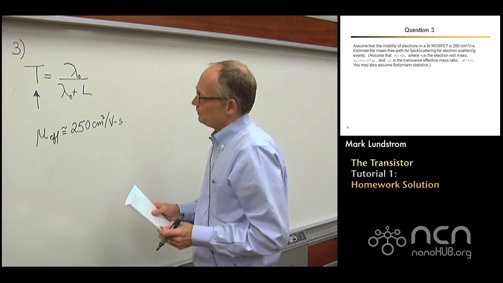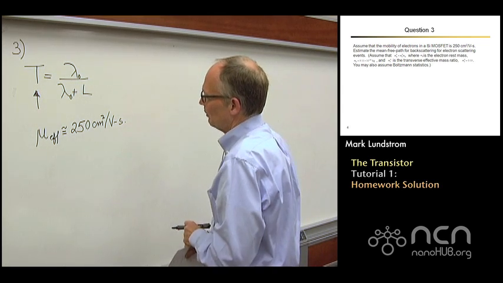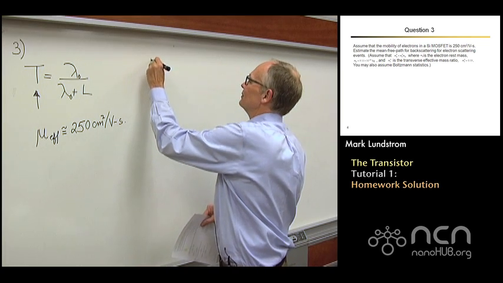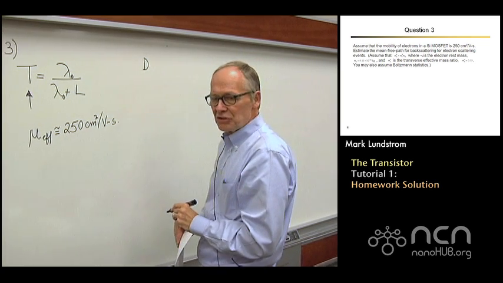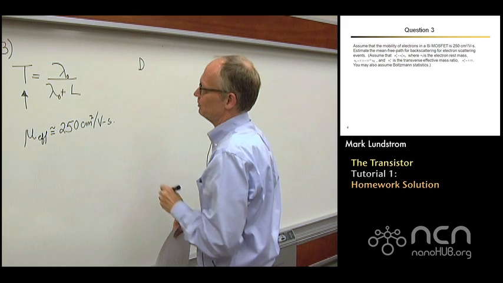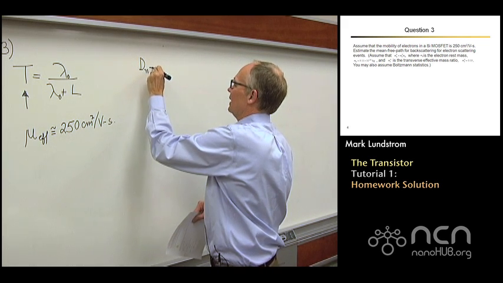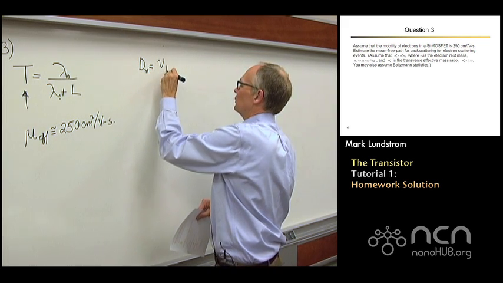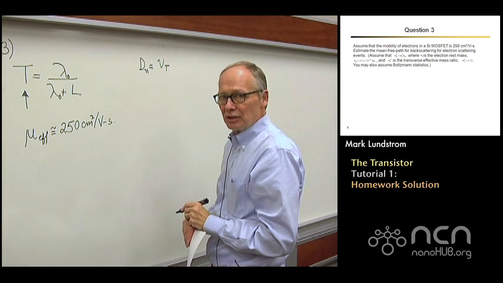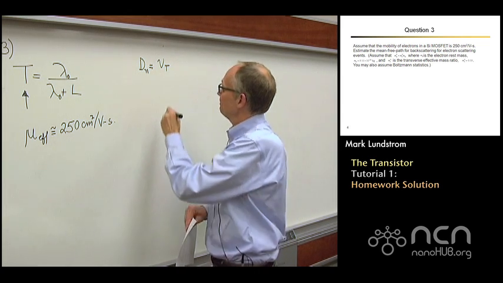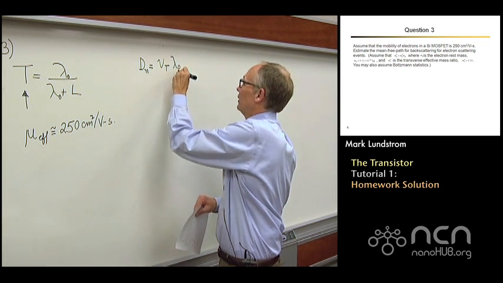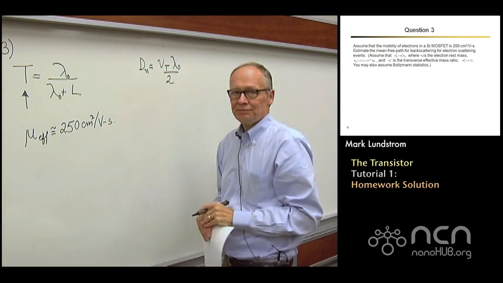Okay, so how do we do this? The way we attack this problem is that we remember that there is a simple relation between the diffusion coefficient and the mean free path. And that simple relation is that the diffusion coefficient is the unidirectional thermal velocity times the mean free path divided by 2.